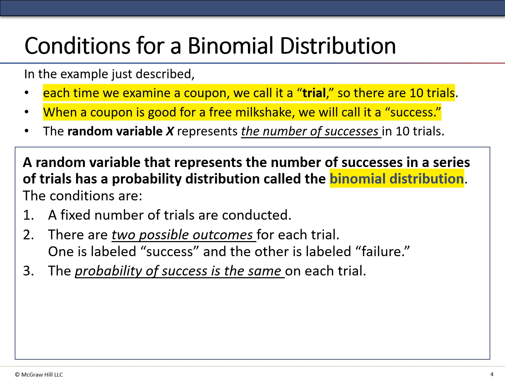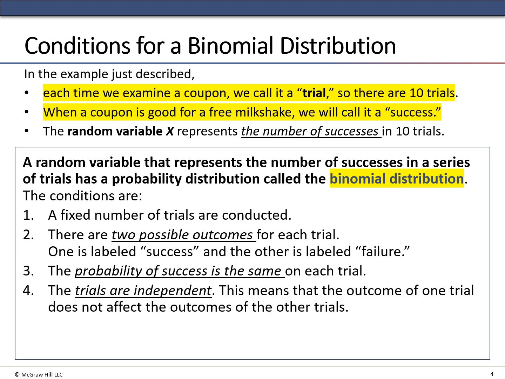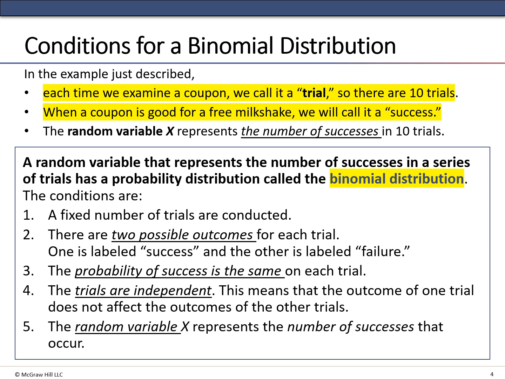The probability of success is the same for each trial. This is a requirement for a binomial distribution. And the trials are independent. This means that the outcome of one trial does not affect the outcomes of the other trials. And the random variable x represents the number of successes that occur. So all of these have to be true for it to be a binomial distribution.